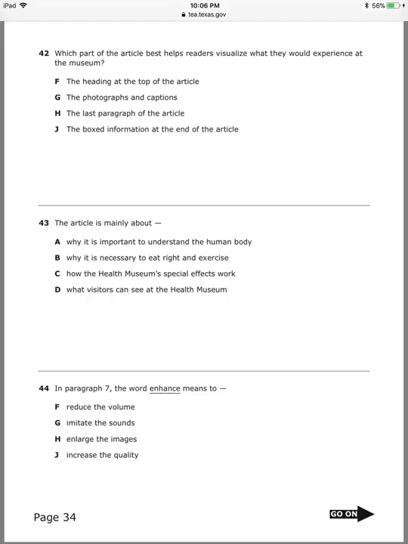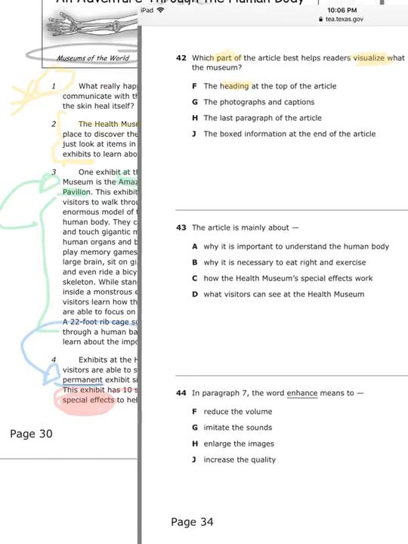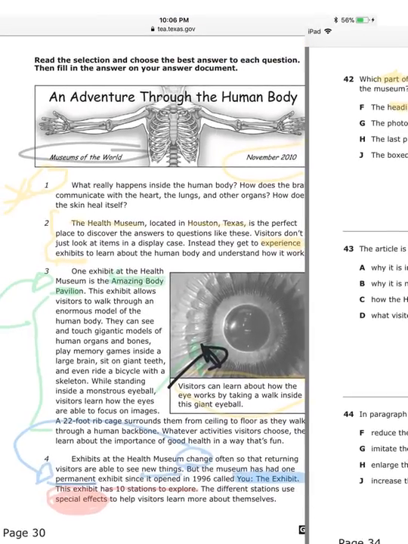Okay, be very careful with it. In which part, not which section, which part, helps you visualize? The heading, does it help you visualize? Be careful because the heading is not the picture.